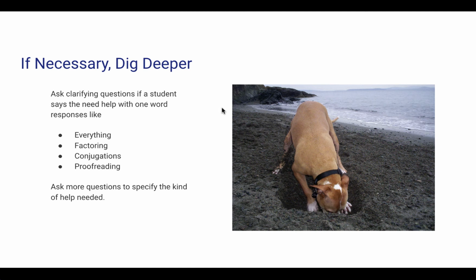However, be aware that some students might respond to the question with vague responses, like, "I need help with everything," or "Can you help me with factoring, conjugations, proofreading?" You'll need to ask more questions to specify the kind of help the student needs. By doing this, students will better understand the many steps in problem solving, writing, or analyzing for any other subject.